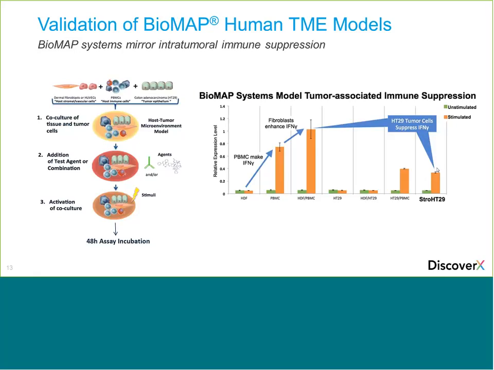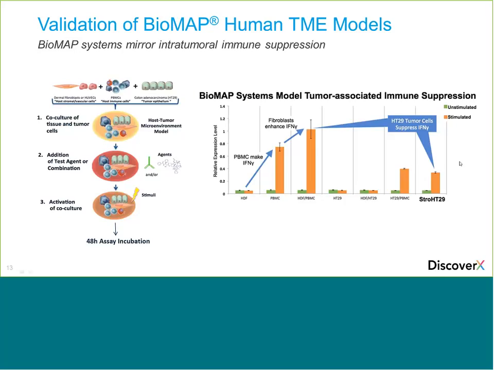Again, what that indicates is that this system is now able to mirror the immune suppressive microenvironment of a real human tumor, as would be observed within a patient. And that's important, because I think we'll come back to this point as we go further into the webinar.